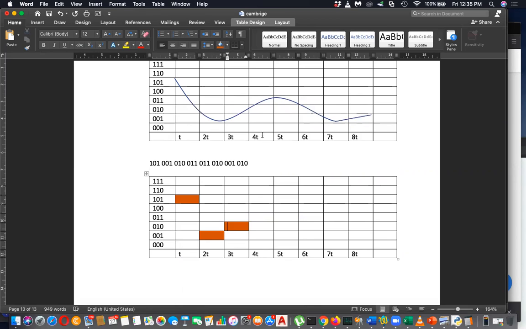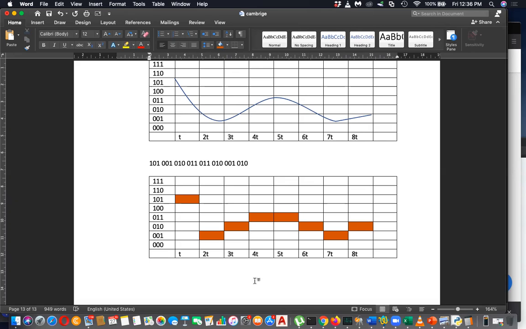Next one is 4T, 011. 5T, it is again 011. 6T, it is 010. This one. 7T, it is 001. And 8T, it is 010. This one.